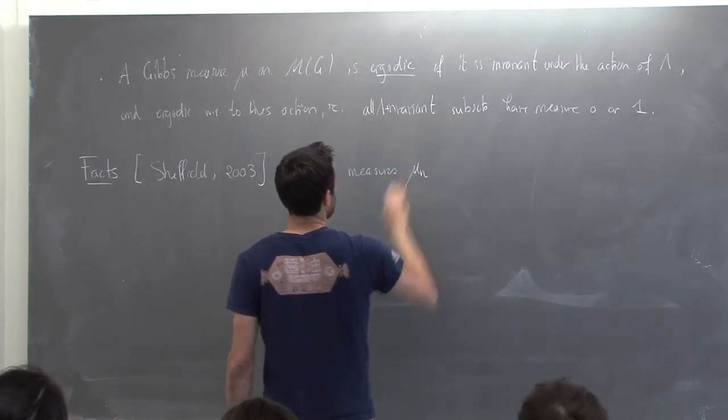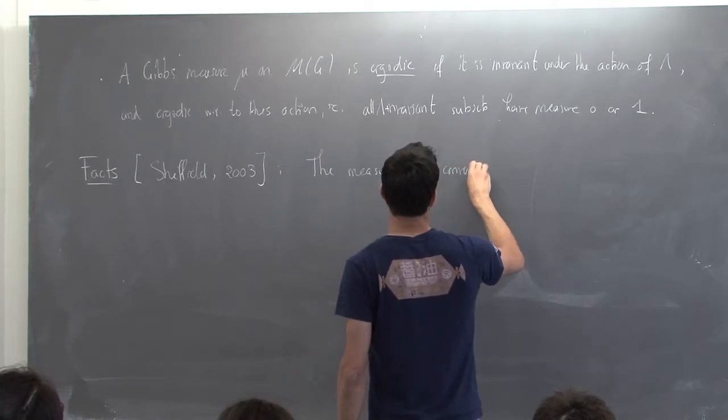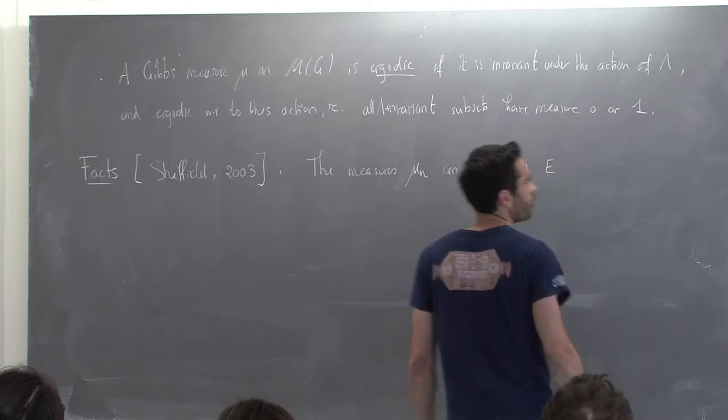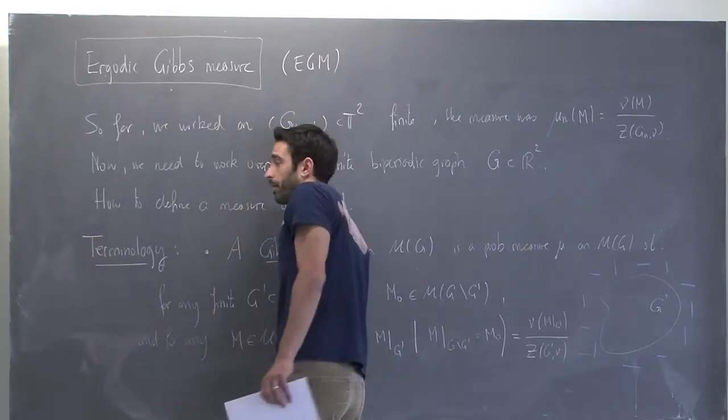The measures mu n converge to an ergodic Gibbs measure, we're going to denote this by EGM.